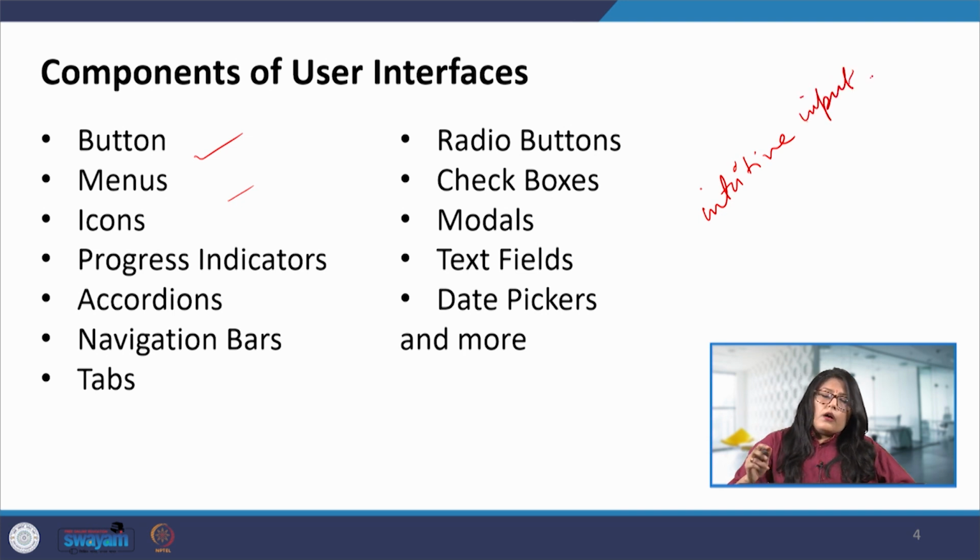They allow the user to set preferences, make choices, and they also control the behavior of an application or the website. At the same time, they also contribute to the overall usability of the interface by providing visual feedback to the user. So, the user knows that if this action is performed, then what is going to be the output of it.